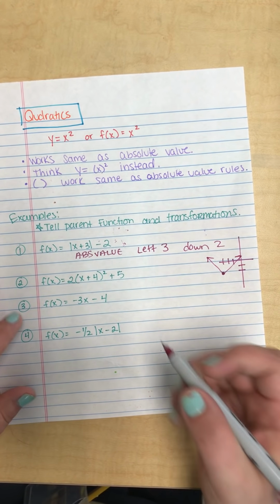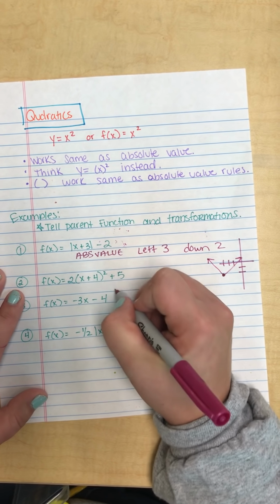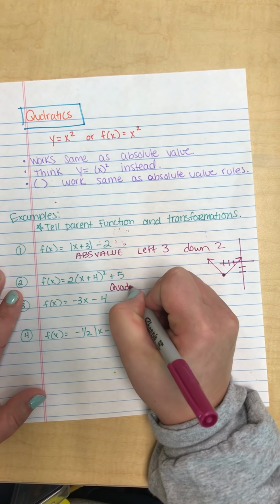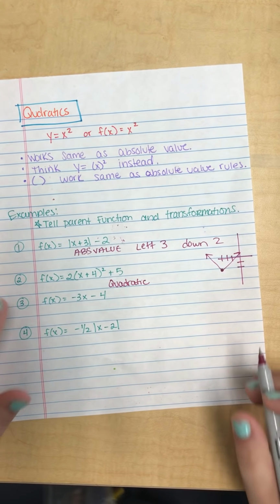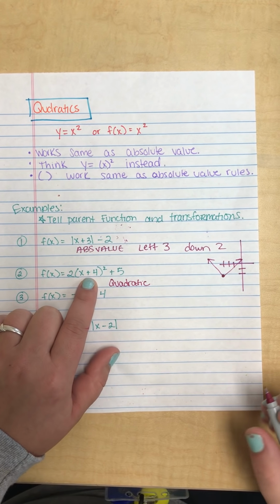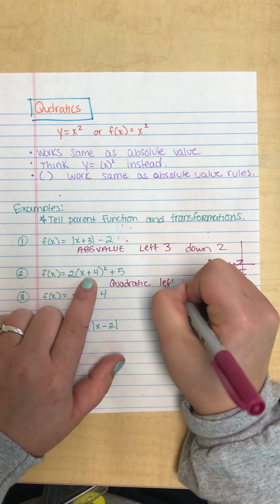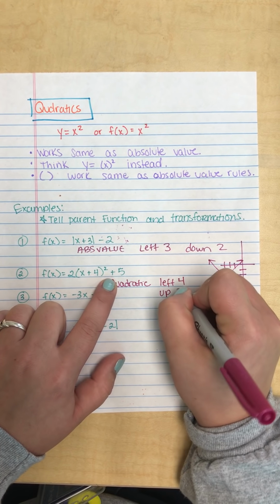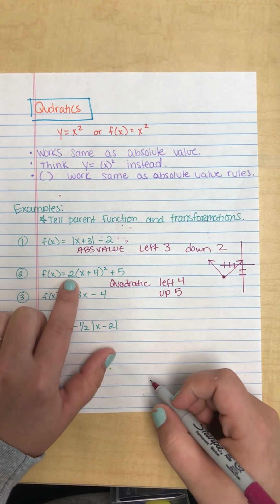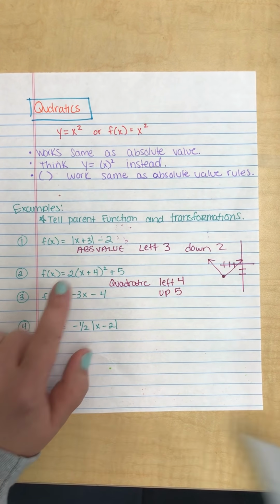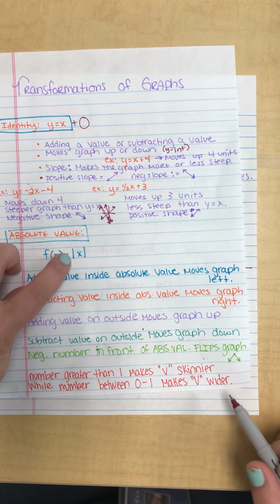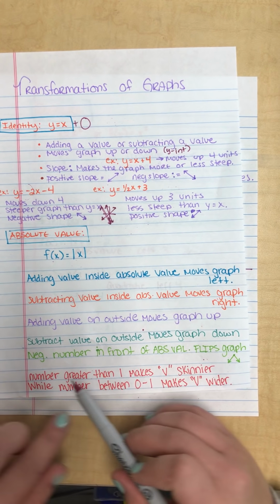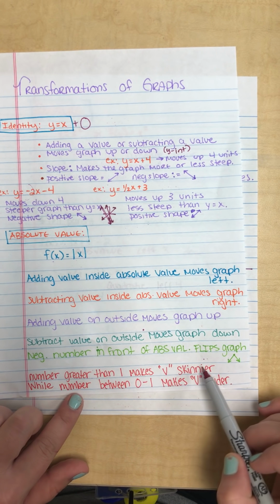All right, number 2 is a quadratic because we see a squared there. This plus 4 in the middle is going to move it left 4. The plus 5 on the outside is going to move it up 5. And then the 2 in the front works just like if we had a number in front of the absolute value. A number greater than 1 makes the V skinnier.